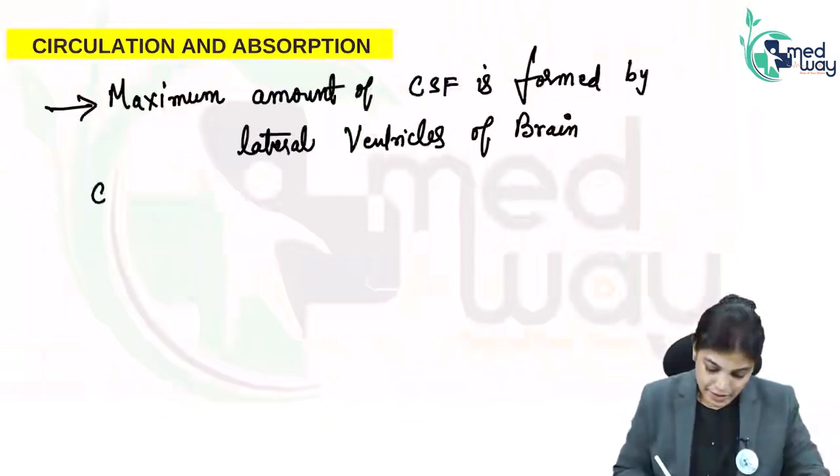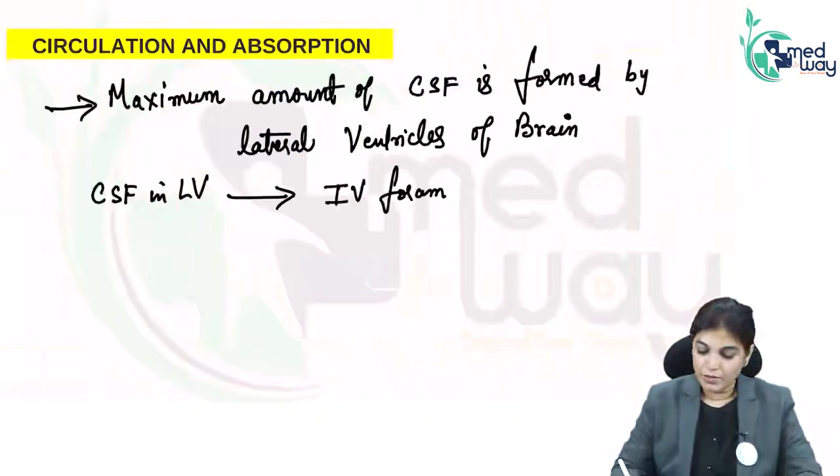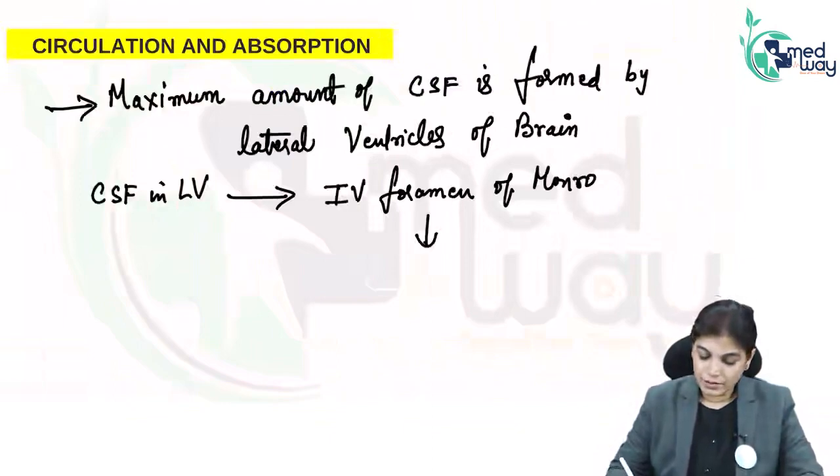So you can just write: CSF in the lateral ventricle of the brain. From here, it will communicate via the interventricular foramen of Monro to the third ventricle.